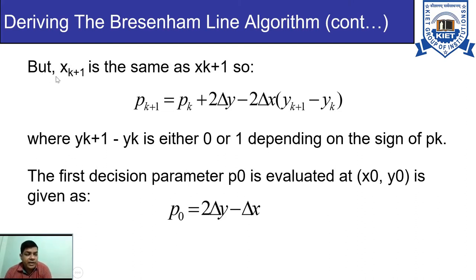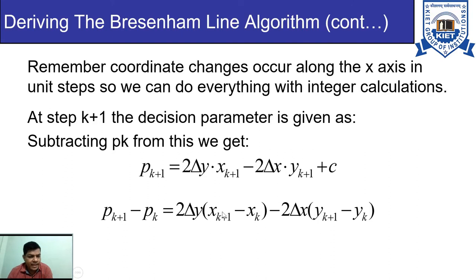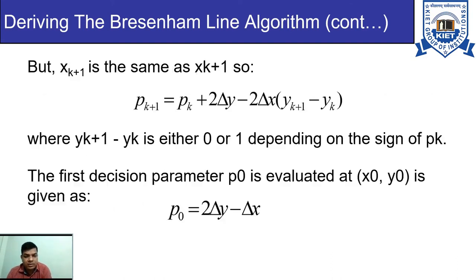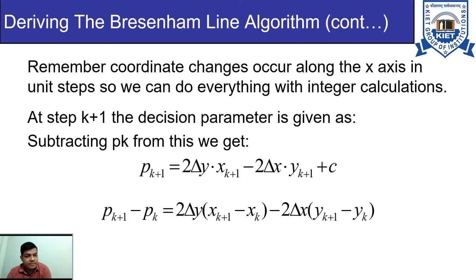But we know that the slope of the line is less than 1, so we can correlate the value of xk and the value of xk plus 1, and we can simply say that xk plus 1 minus xk is equal to 1.